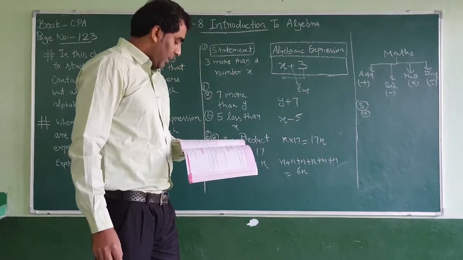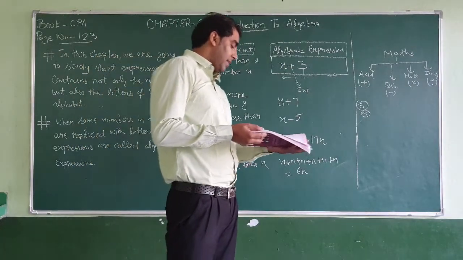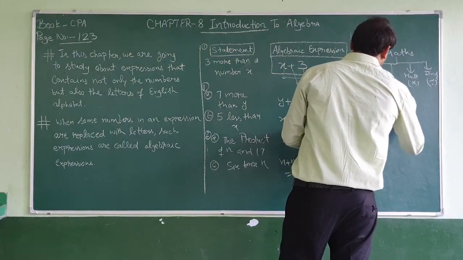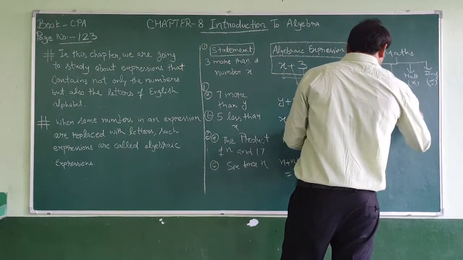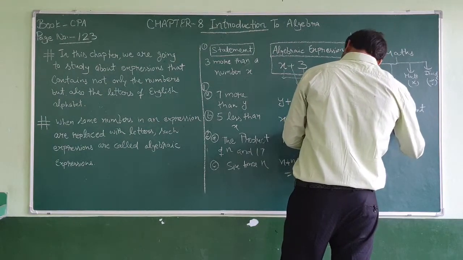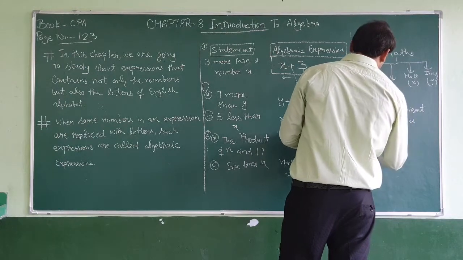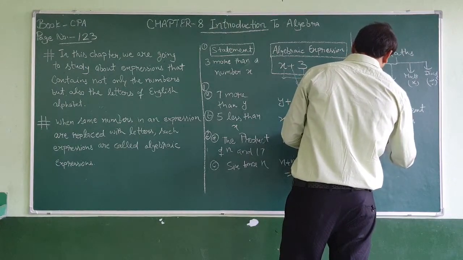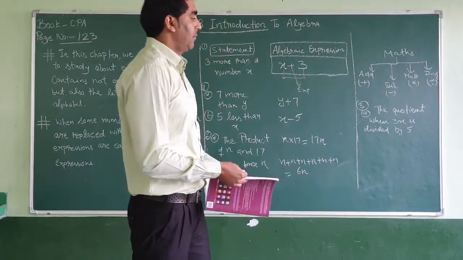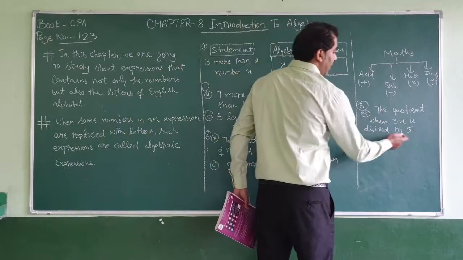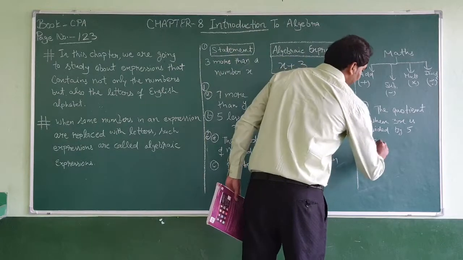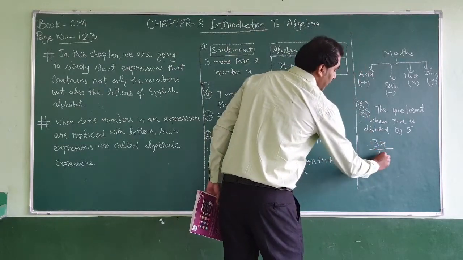Question number 3, part A: the quotient when 3x is divided by 5. 3x is divided by 5 means 3x over 5.